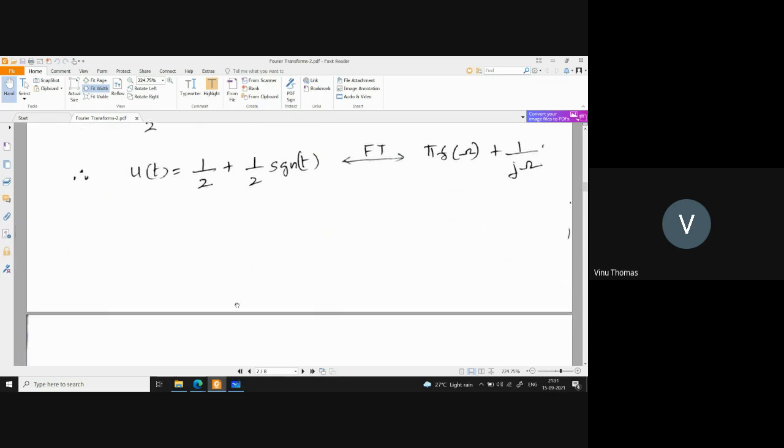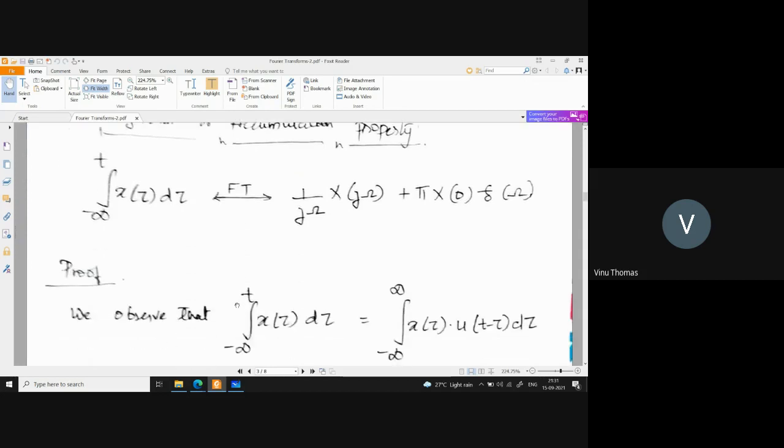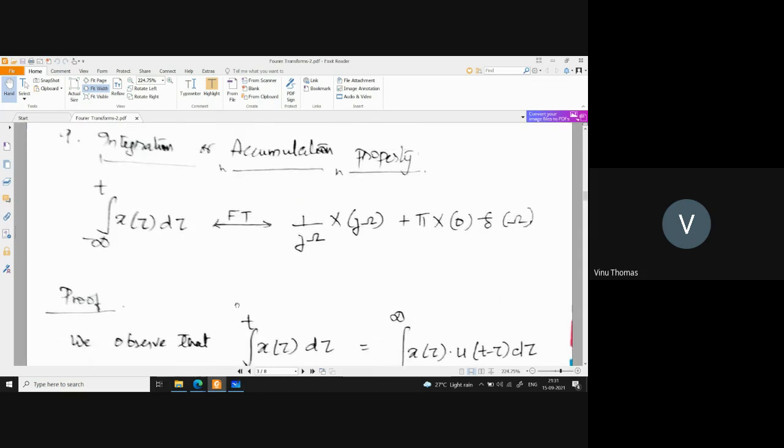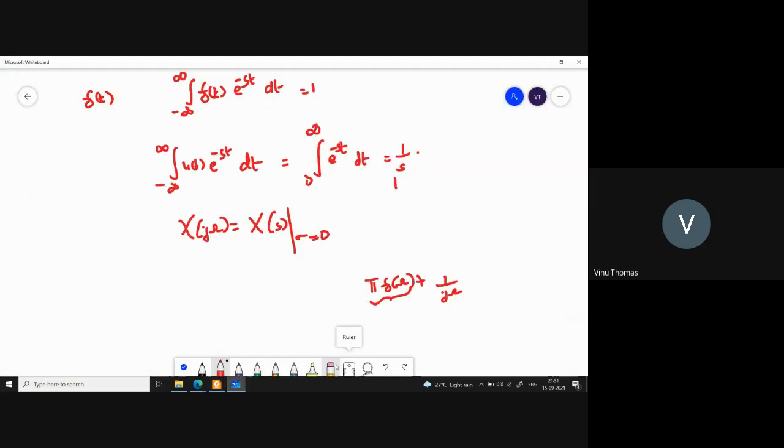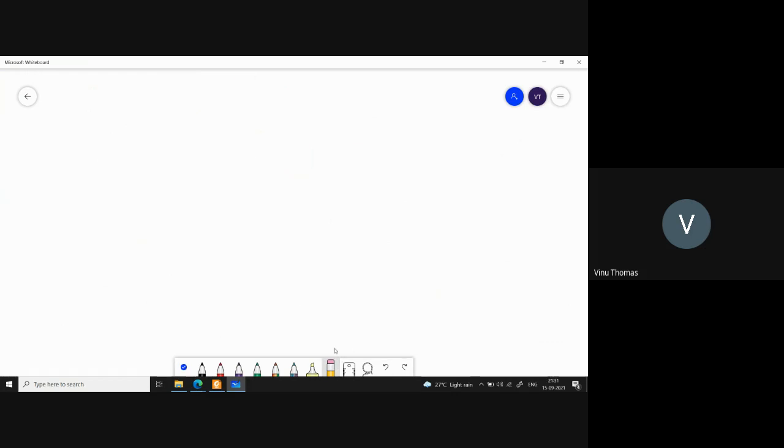Now we'll move on to the integration or accumulation property of Fourier transforms. This uses the previous result to prove. So the accumulated or integrated value of x of tau d tau from minus infinity to t. So what does it mean? Again, we will have a pictorial representation to have a finer understanding of this.